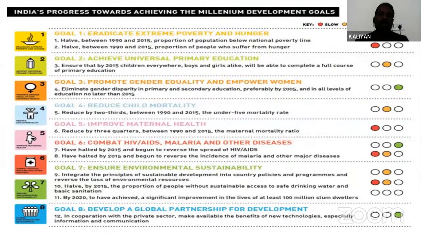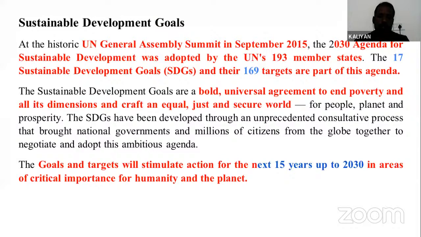Okay, next is the Sustainable Development Goals. The Millennium Development Goals ran from 2000 to 2015, and after 2015 the UN nations again joined together and set up new goals.